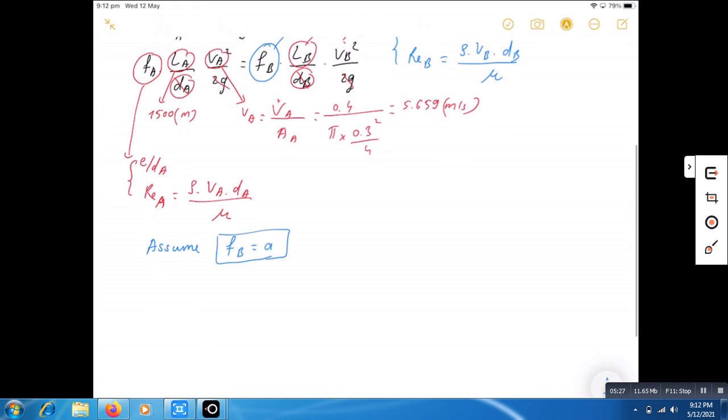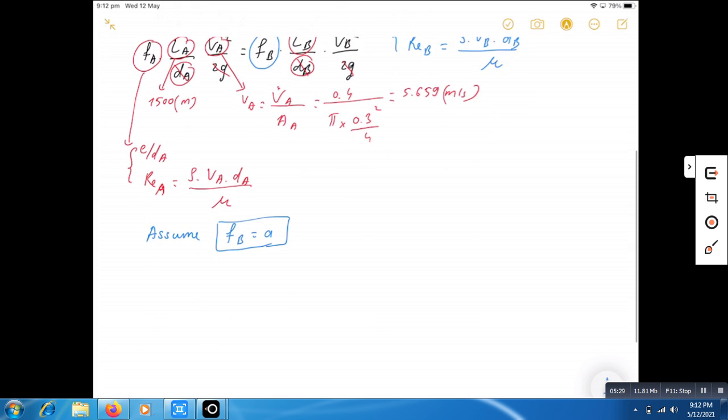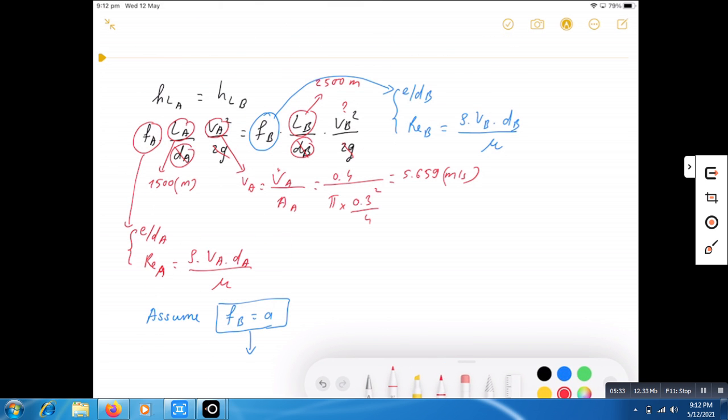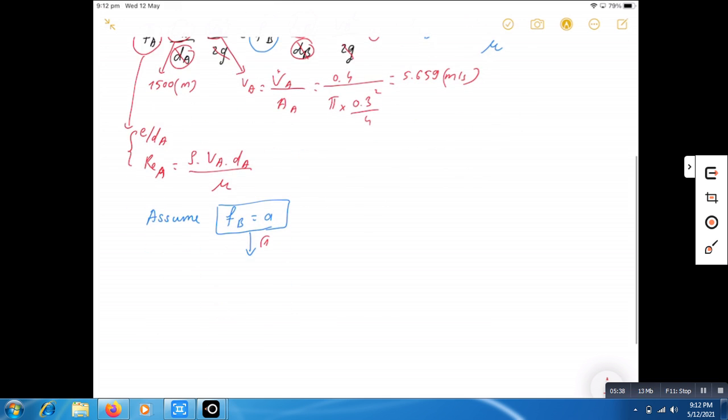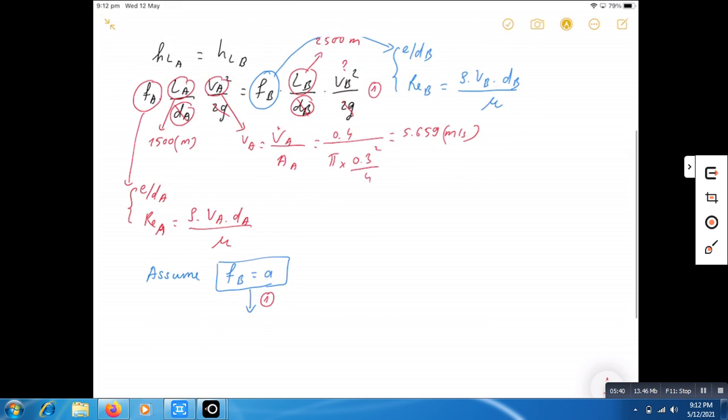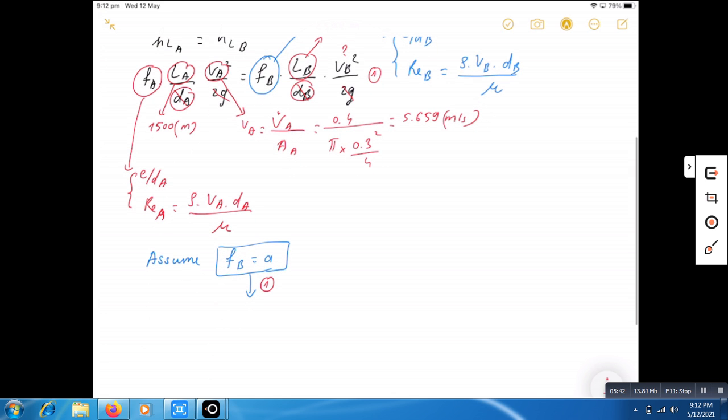I call this equation 1. Now when we have fB, based on equation 1, you have fA, LA, VA, fB, LB, so you can find VB.